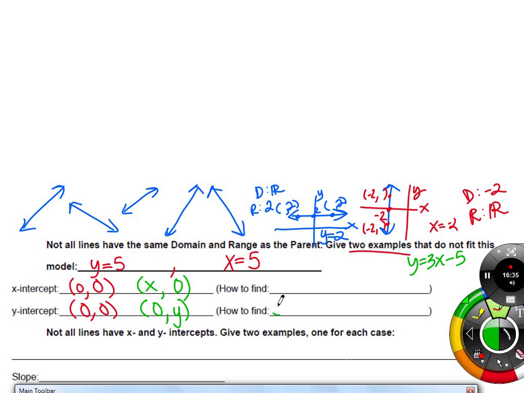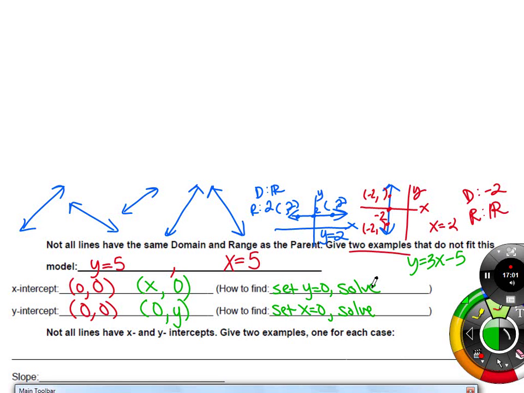So here, you set x equal to 0 in your equation, and then you solve. And you'll get a y, right? Because your equation only has a y and an x. So then, how do you find the x-intercept? Yeah, set y equal to 0 and solve. Again, this is like review, but maybe some stuff you haven't seen in a while, so we'll each be kind of at a different space.